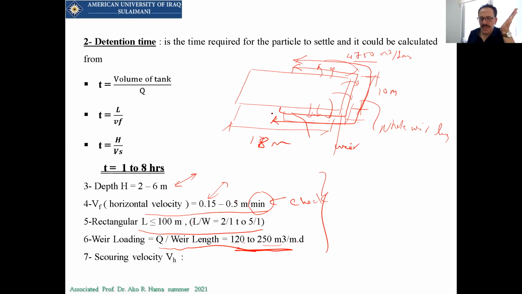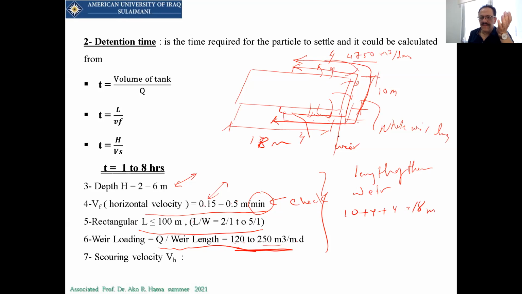Definitely, we will not take that 18 whole. We will take, for example, 4 meter from this side and 4 meter from this side, so the total length of the weir will be 10 plus 4 plus 4, which is 18. This is my design, 18 meter.